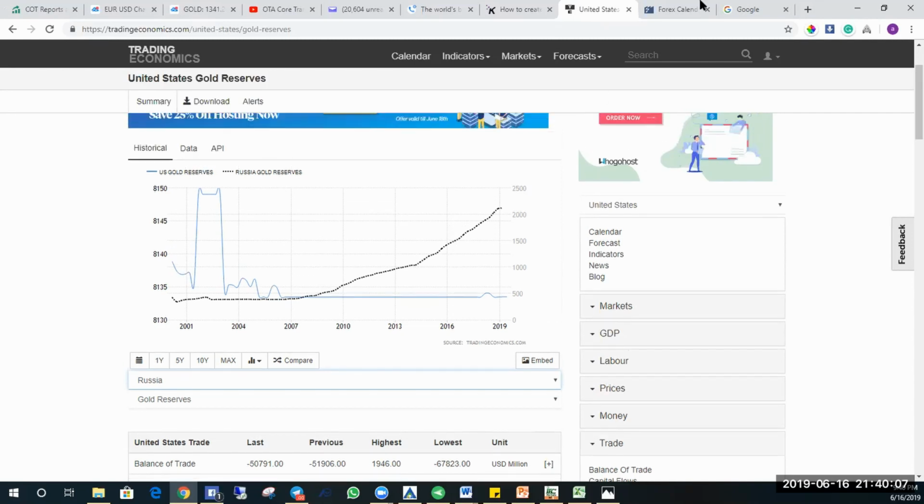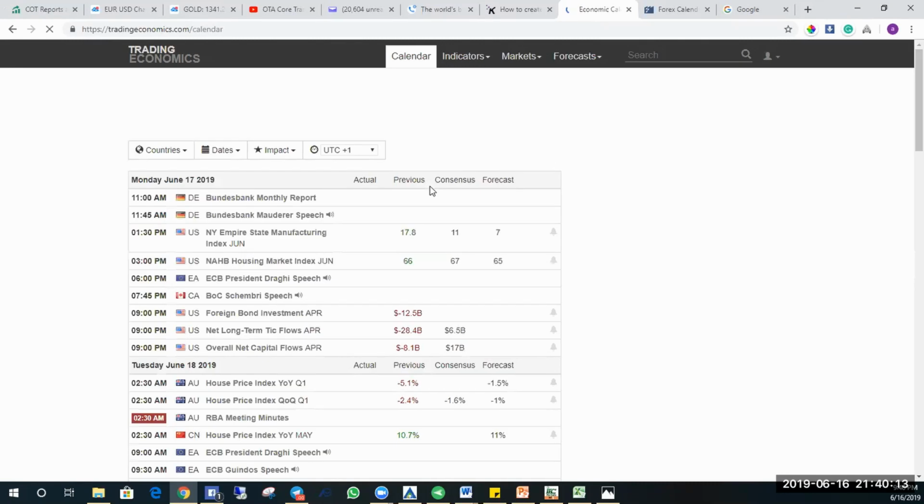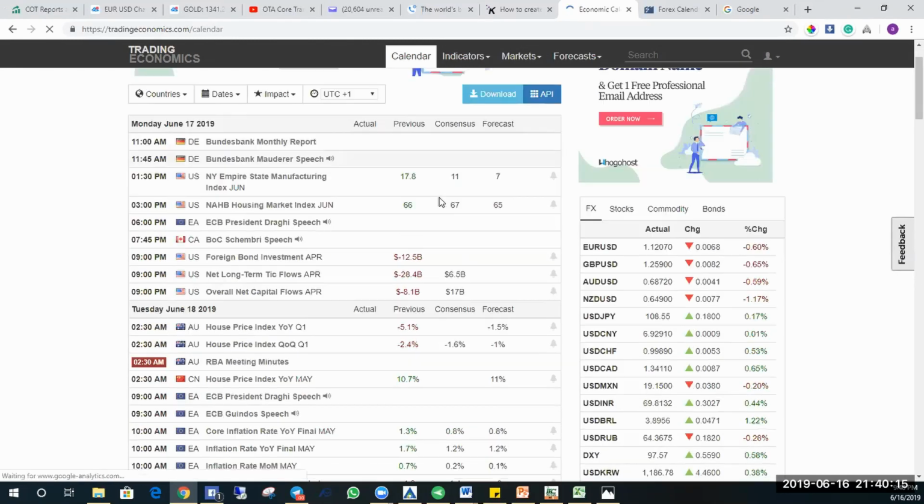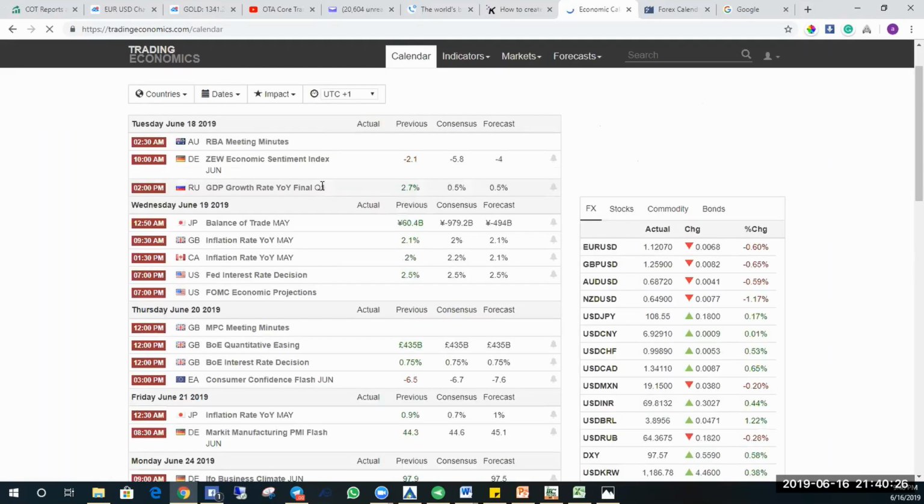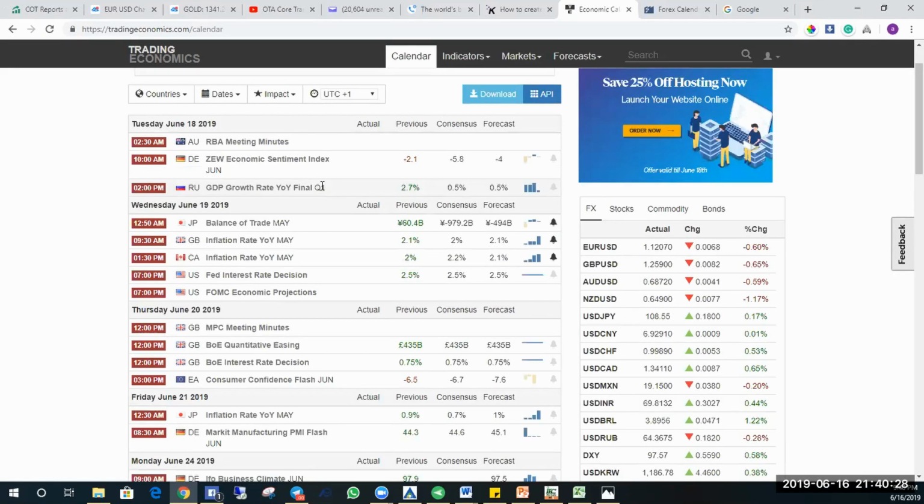All right, so we want to look at the calendar for the week. Let's see what we're expecting. It looks like it's going to be a very busy week. A lot of economic data is going to be released. Let's see the high impact news we're expecting. On Monday is the RBA meeting for the Australian dollar.